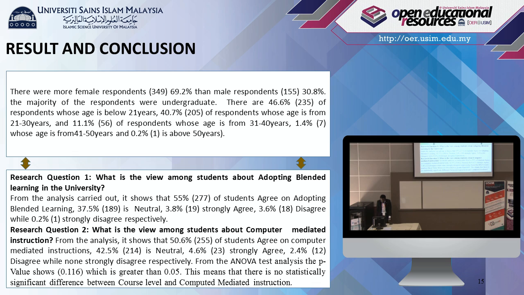From the ANOVA test analysis carried out, the p-value is 0.116, which is greater than 0.05. This means that there is no statistically significant difference between course level and computer-mediated instruction.